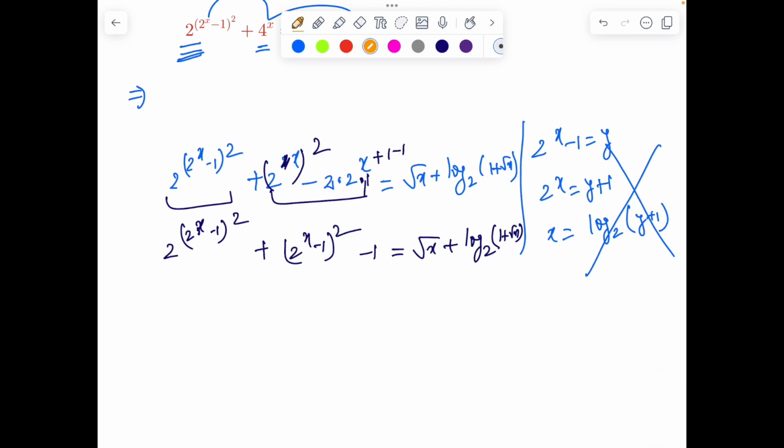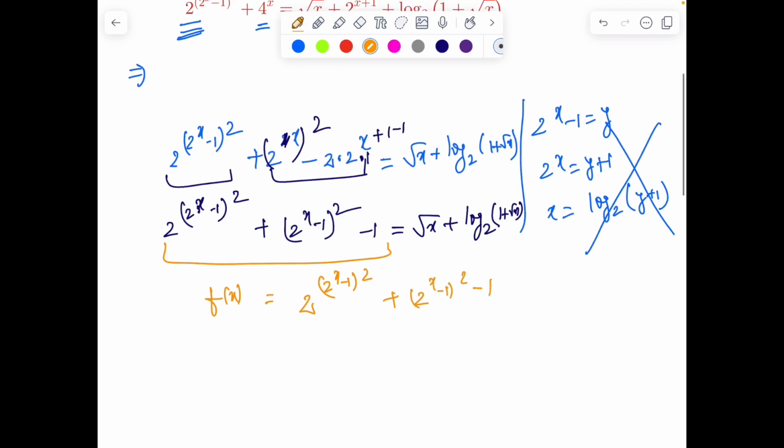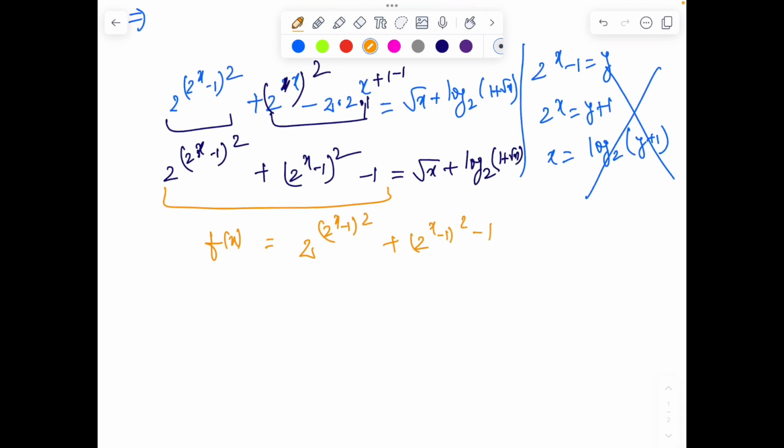Now it's not very difficult to analyze the LHS function. If I call this function psi of x, as 2 raised to the power 2x minus 1 whole square plus 2 to the power x minus 1 whole square minus 1, we can see the nature of this function. At x equals 0, it is going to be 0.